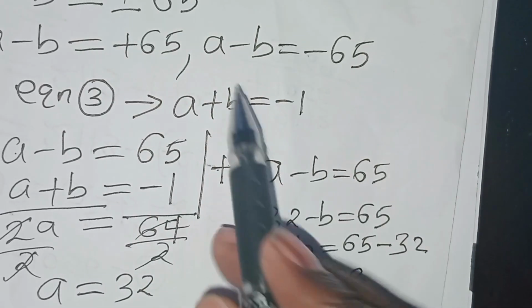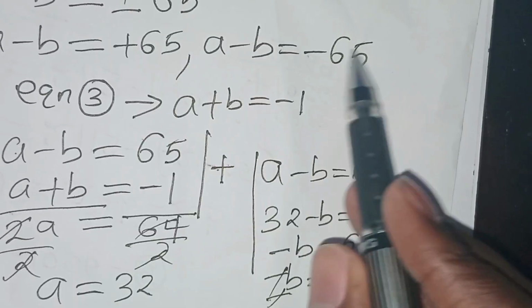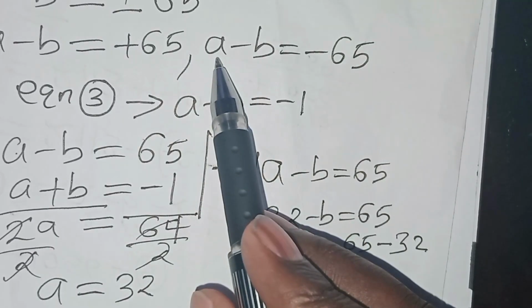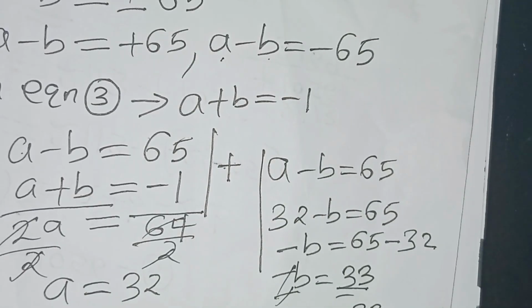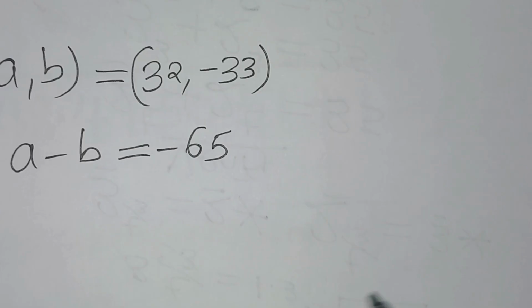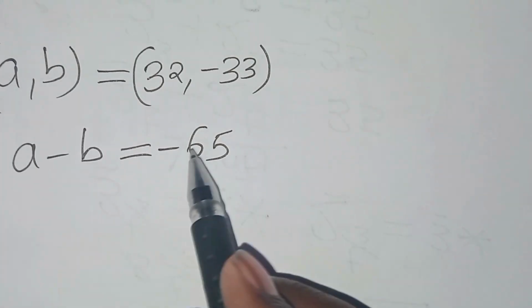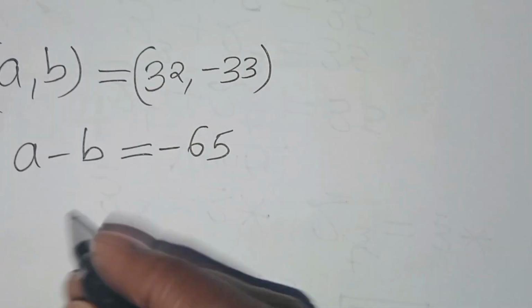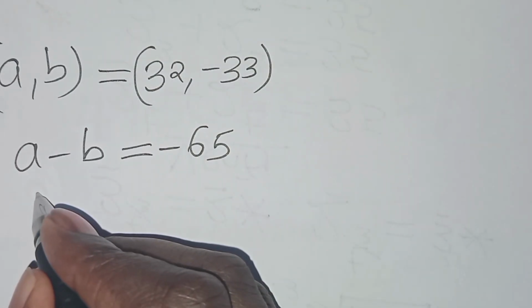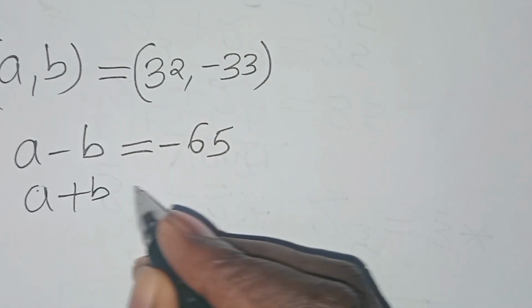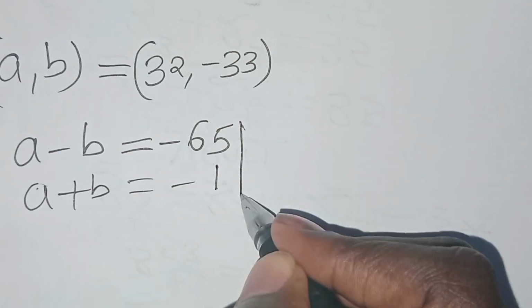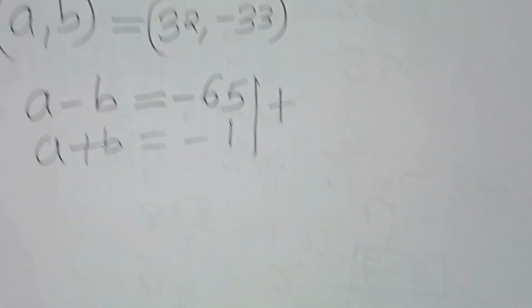We are also given that A minus B is equal to negative 65. So let's solve for the values of A and B when we have this negative 65. Now again, we have A minus B equal to negative 65. From equation 3, we have that A plus B is equal to negative 1. So let's add these two systems of linear equations.